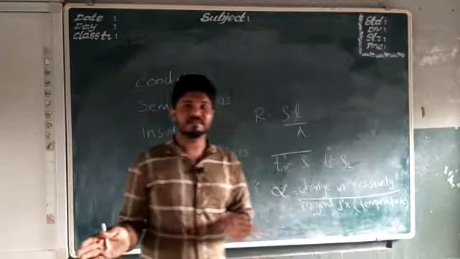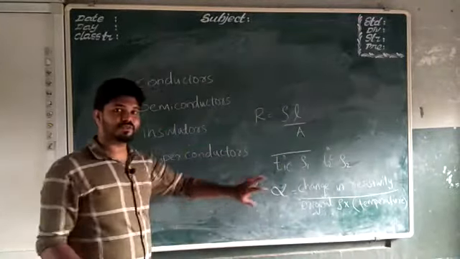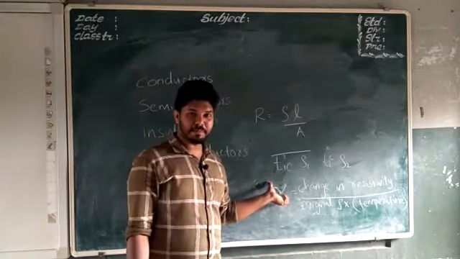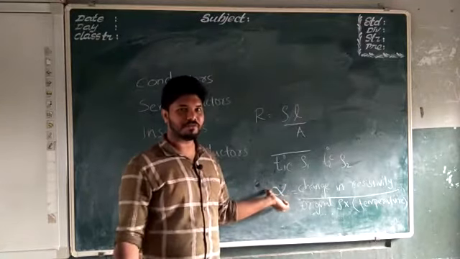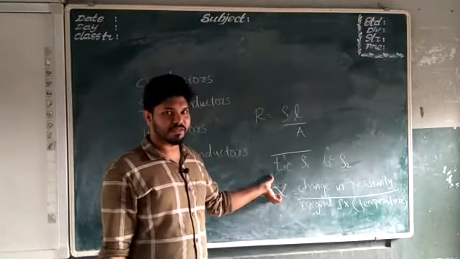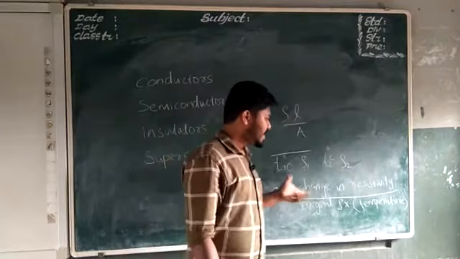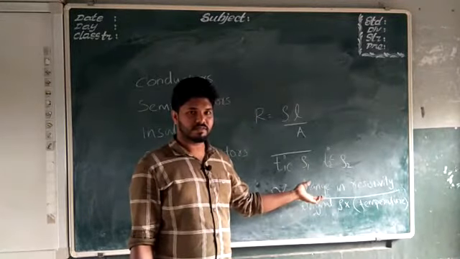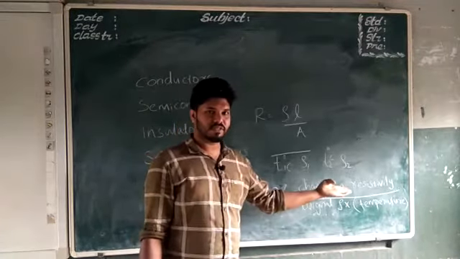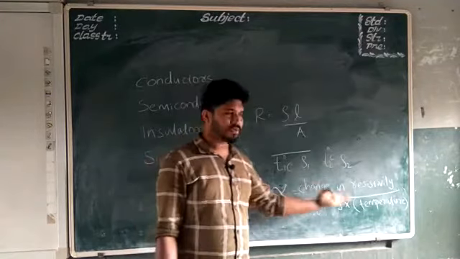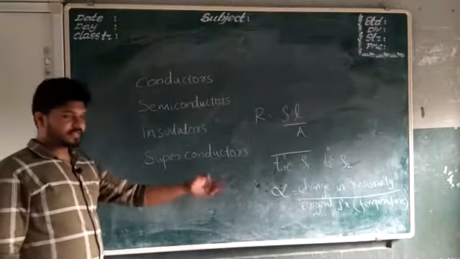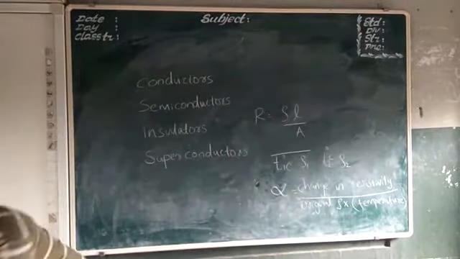To measure this change in resistivity, we introduce a new term called alpha, the temperature coefficient of resistivity. Its equation is change in resistivity divided by original resistivity into temperature, that is, the difference in temperature.